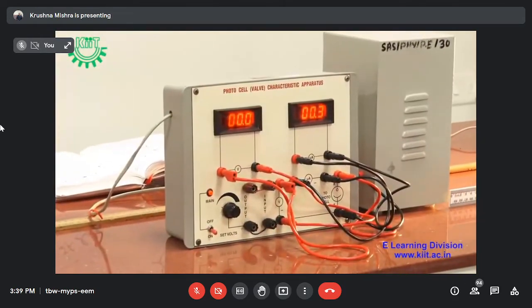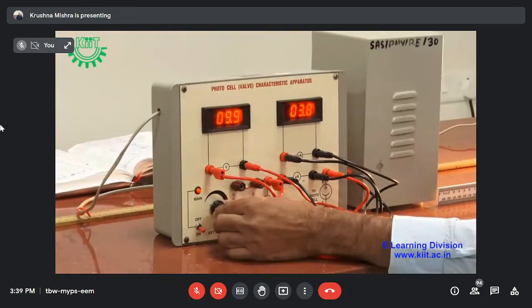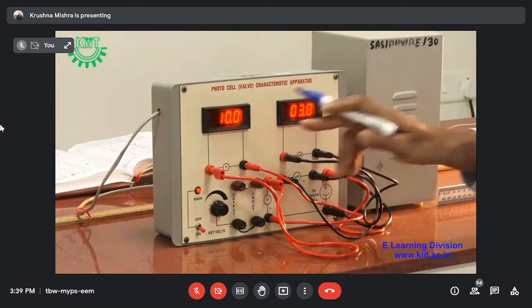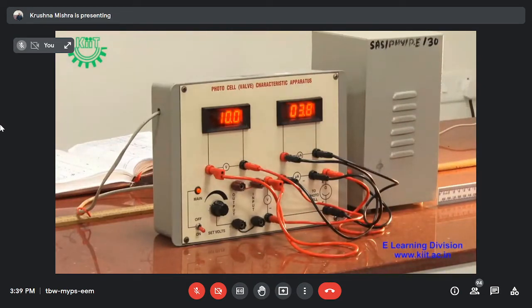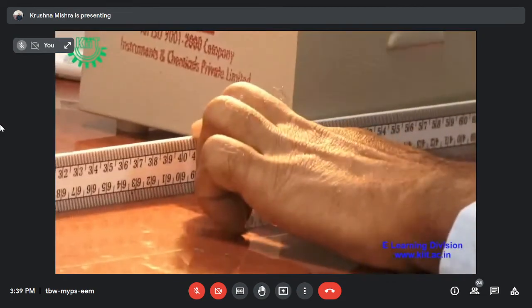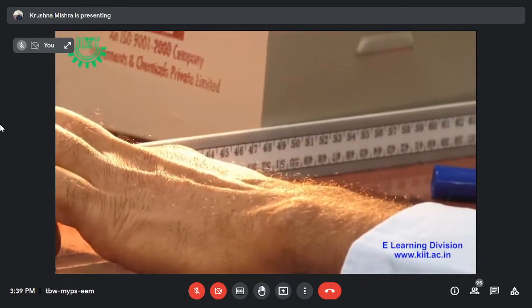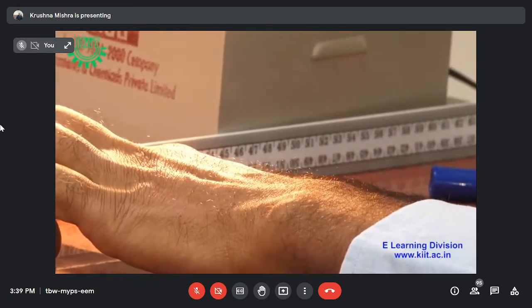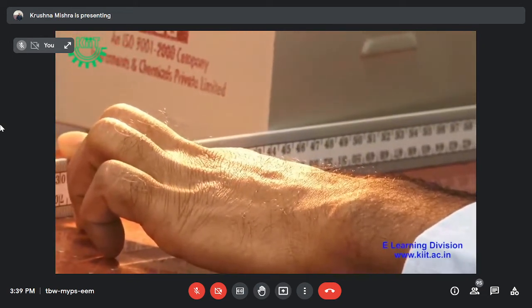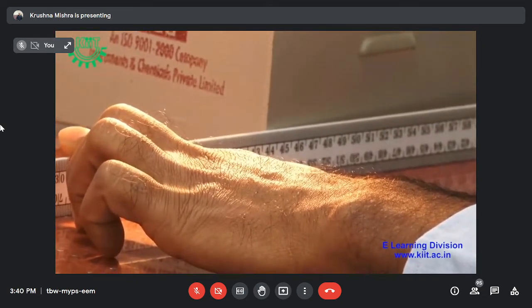I will keep the potential fixed in volt, and we will take a set of observations of photocurrent with respect to the intensity of light. The voltage is kept constant and the frequency of light radiation is also constant. Then I will go on decreasing the distance by 4 cm, without tilting the source. It should be properly incident on the photocell.